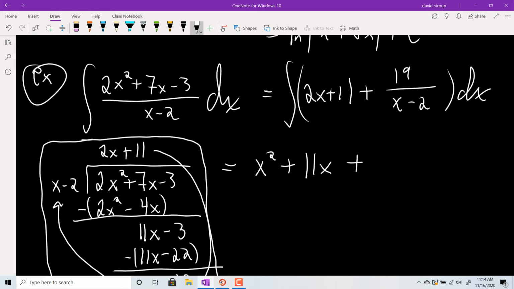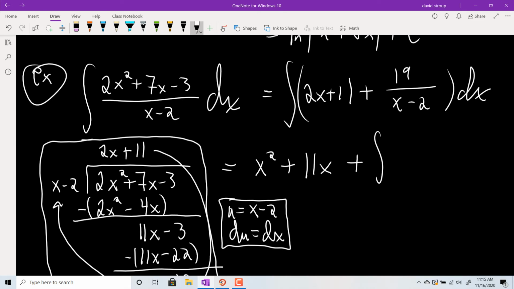It's not really necessary. I'm going to let x minus 2 be u. So u is x minus 2, and then you see du is just dx, so there's no constant to worry about. You'll just have 19 all over u, and the dx is just du.